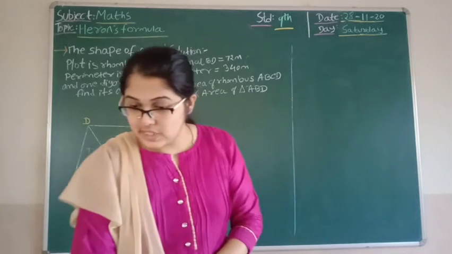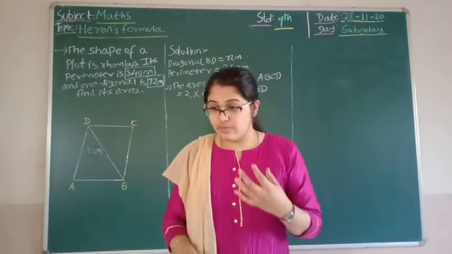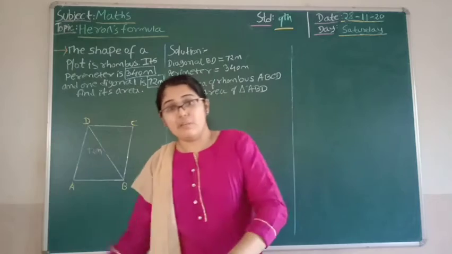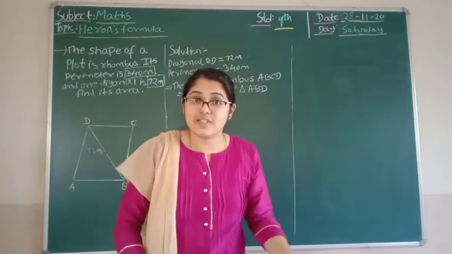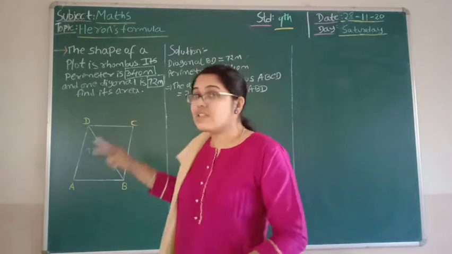Since all the sides are the same, because we have been given the perimeter, on that basis we need to find the sides. The sides are the same because the triangles are the same.